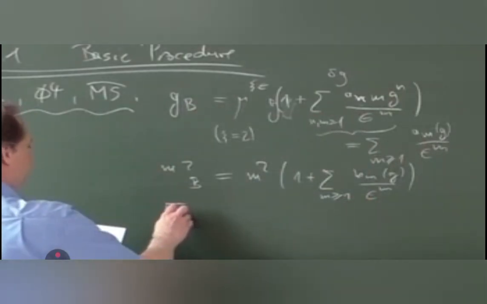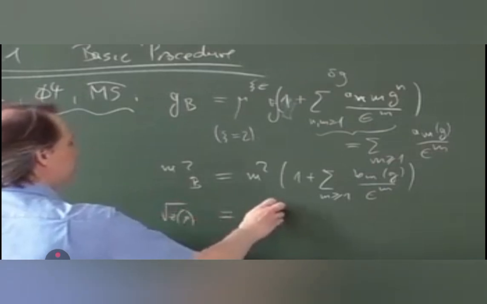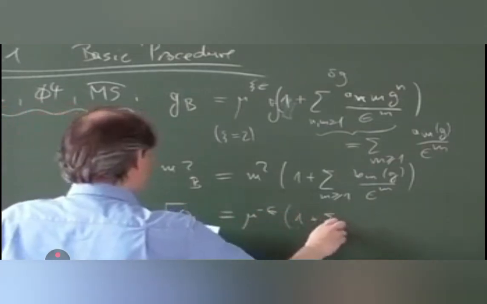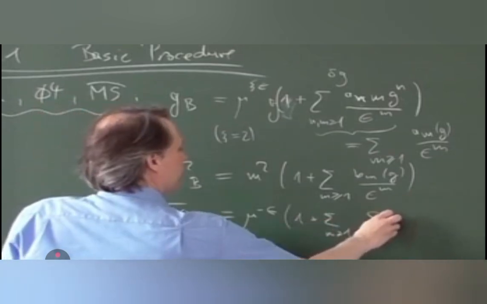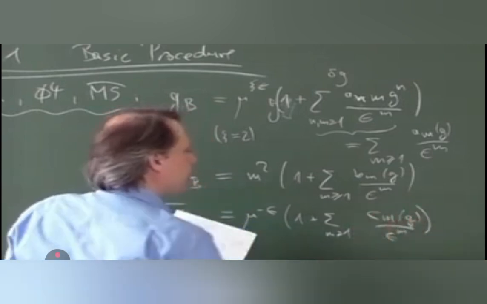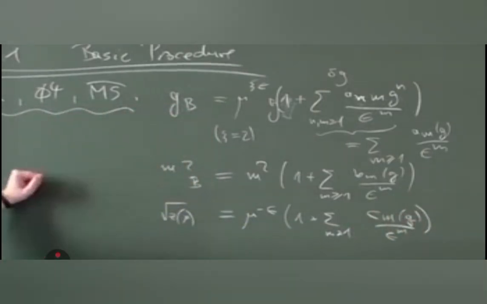And finally, the bare field, the square root of Z, is given by mu to the minus epsilon times 1 plus a sum over m bigger or equal to 1 of a function c_m of g divided by epsilon to the m. Okay. So this is a more compact representation of what we did in the exercise.